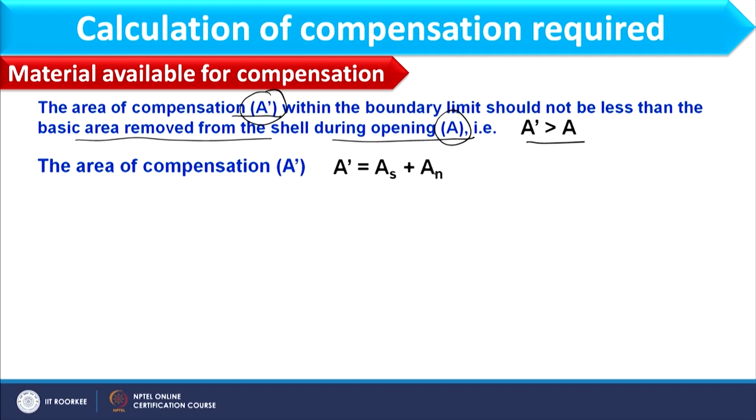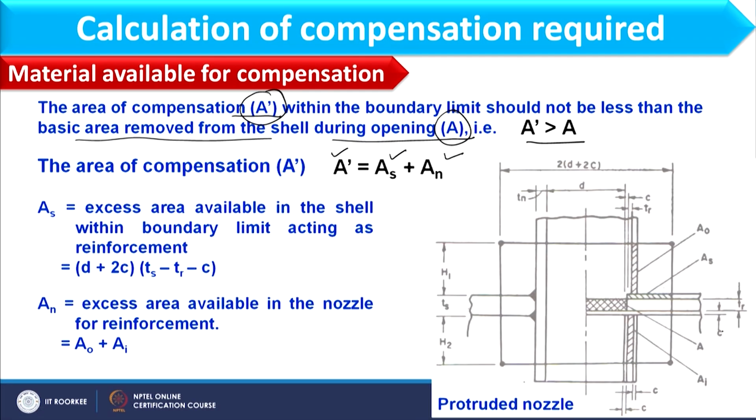Now I will calculate the area of compensation, that is A dash, and A dash will be the summation of AS plus AN. Do you understand what AS is? AS is basically the additional area in the shell where I have made the opening. As you can see from this schematic, that is the total area at which I have to work.